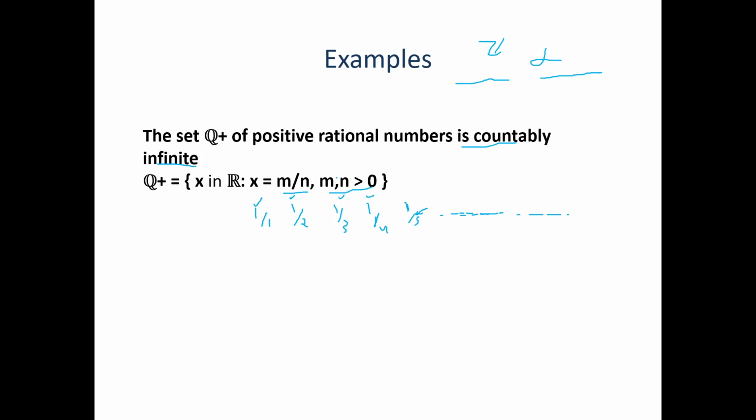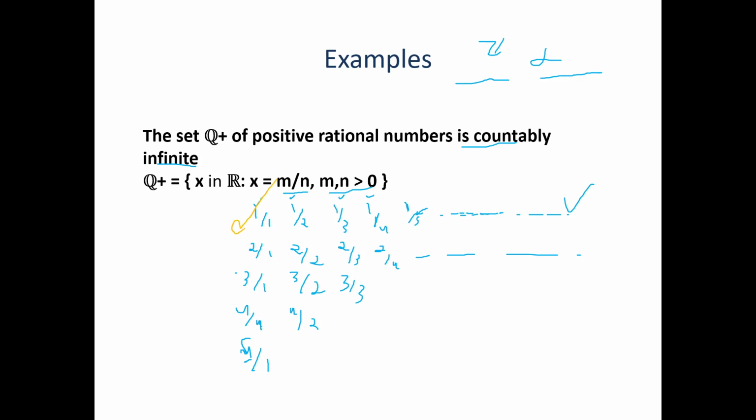I'm never going to start with the ones that have, for example, 2 over 1, 2 over 2, and so on. 2 over 3, 4, and so on. So this line never ends before I start this line. But there's a trick to it. 3 over 2, if I want to list a few more lines, 4 over 1, 4 over 2. And I think you already know what I'm talking about. It's that whole cross idea or arrow idea.